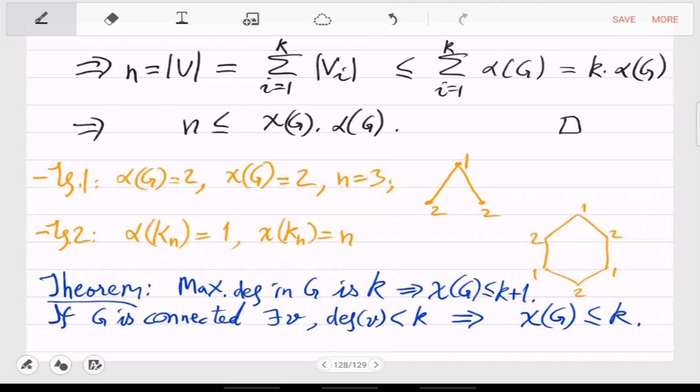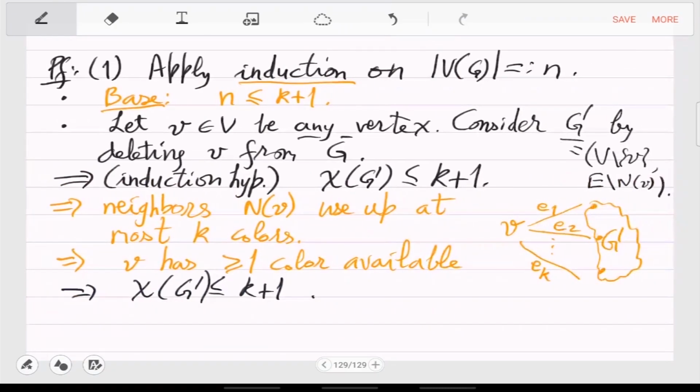Otherwise it will be the same case as above. I mean, connected is also there, but the degree being k minus 1 or less is important. So we'll do the same proof. I mean, we'll do a similar induction.